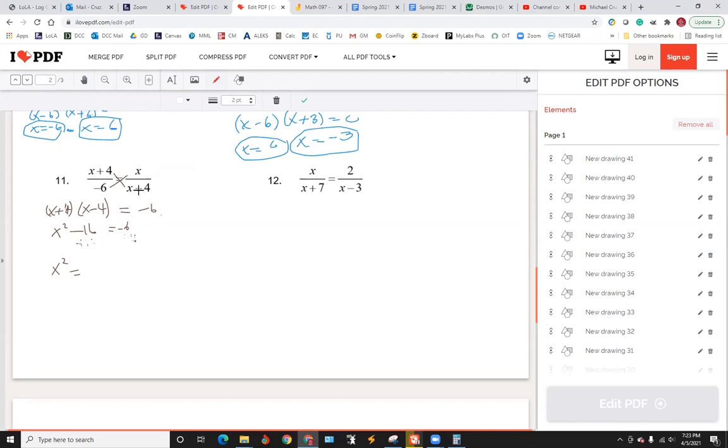X minus, and then over here it's negative 6x. Yeah, and then you bring the negative over to the left, be positive 6. Well, it looks like it's x minus 10. You didn't bring over negative 6x. Oh, thanks. So it'll be x squared plus 6x minus 16. There you go. Thanks.